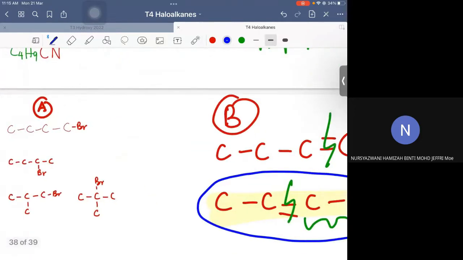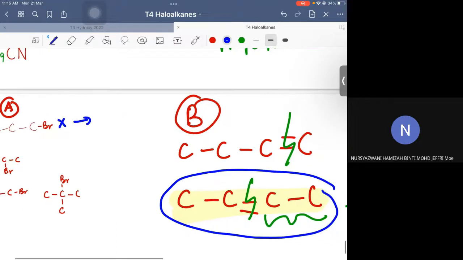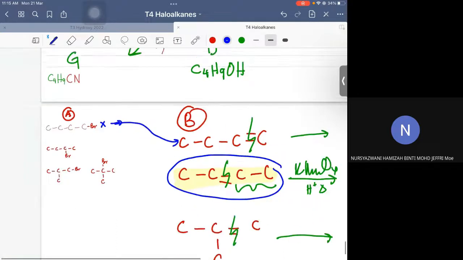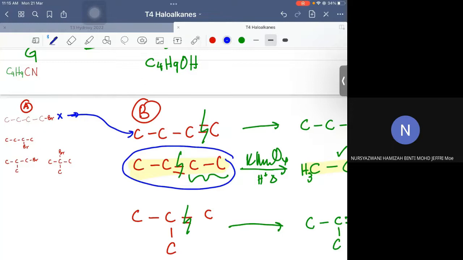Bila tengok struktur A, kita tak boleh ambil yang ini. Sebab apa? Bila dia jadi haloalkane, dia akan jadi alkin dia. Alkin ini. Dia akan jadi alkin yang ni. Okay. Lepas tu kalau kita nak ambil alkin ni, haloalkane yang 3 chain ni boleh tak? Tak boleh juga.